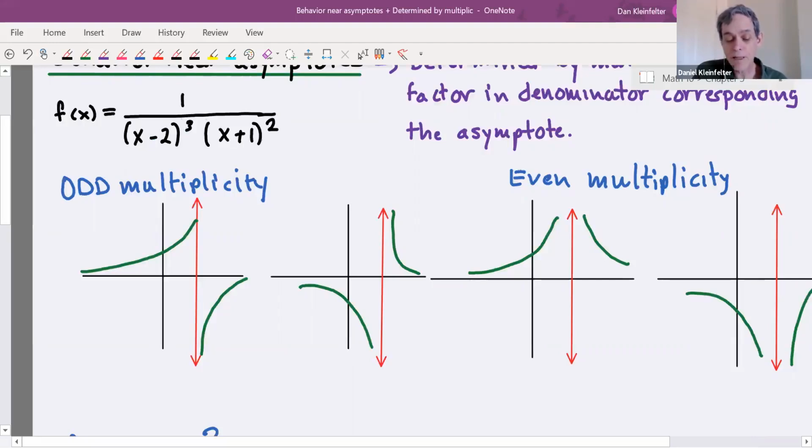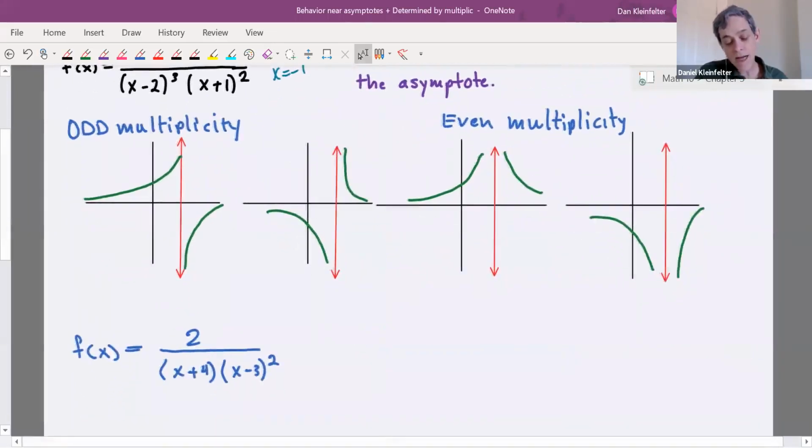For the x plus 1 squared, it's going to have an asymptote at x equals negative 1. But because it's squared, which is even, that means that it'll be either both up or both down. It's going to have the same behavior on both sides of the asymptote. So remember, the zero of the denominator gives you the vertical asymptote.